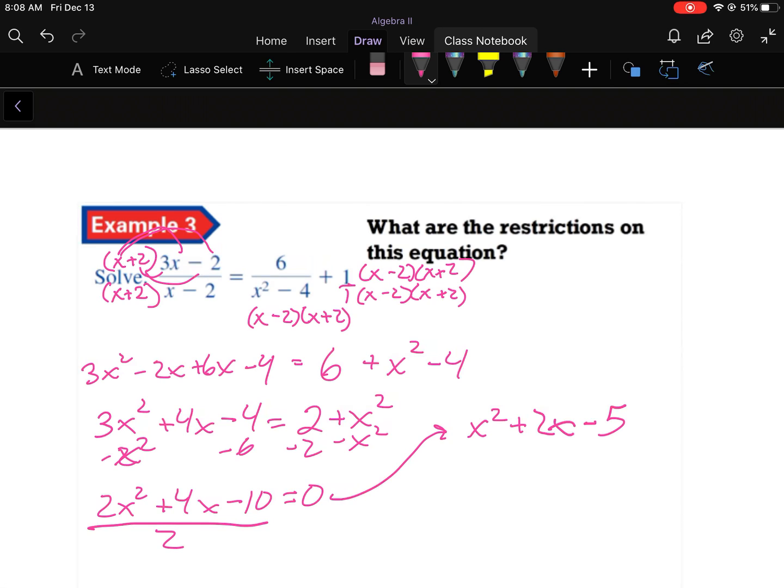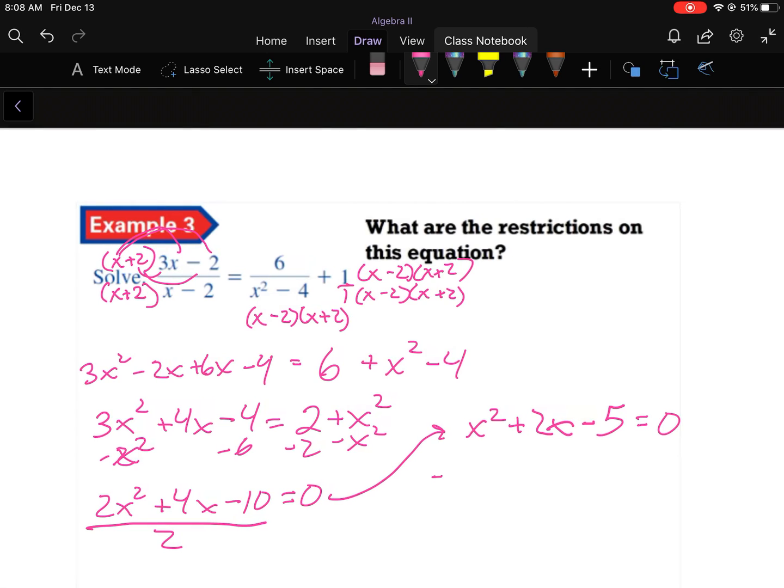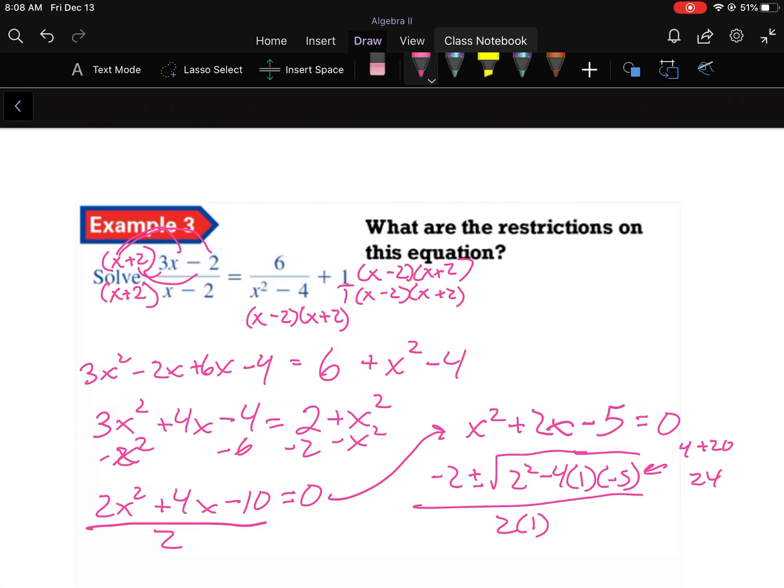Are there factors of 5 that add up to be 2? Nope. So I'm going to have to go to the quadratic formula. So I'll go minus 2 plus or minus the square root of 2 squared minus 4 times 1 times negative 5, all over 2 times 1. Underneath here I got 4 plus 20, so 24.